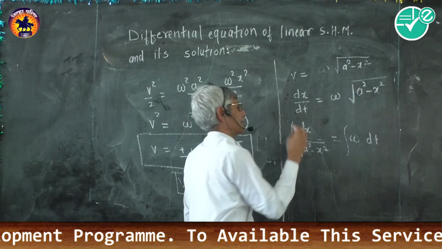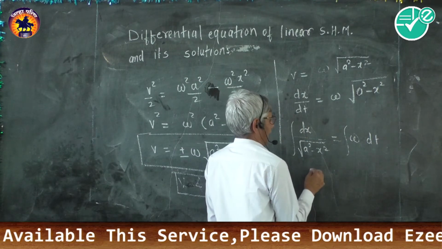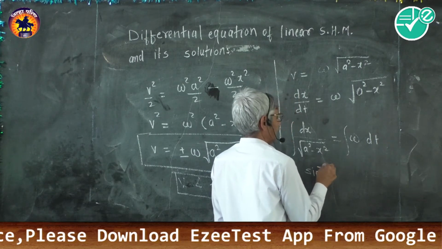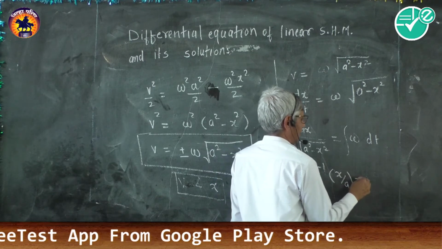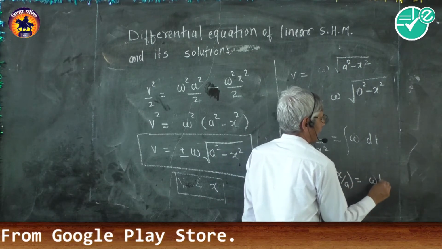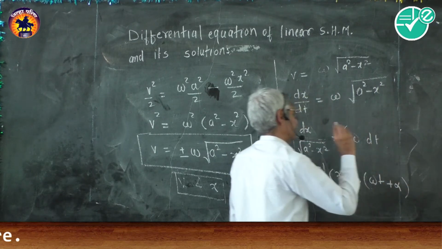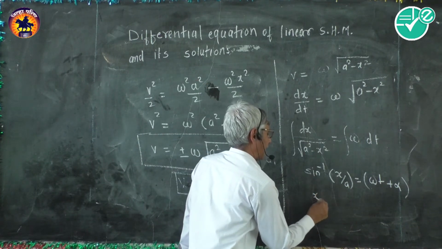Integrating this equation, we have sin inverse of x by a is equal to omega t plus alpha, or x by a.